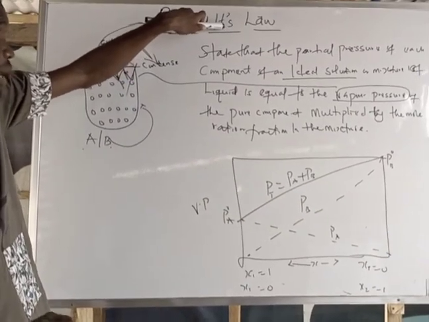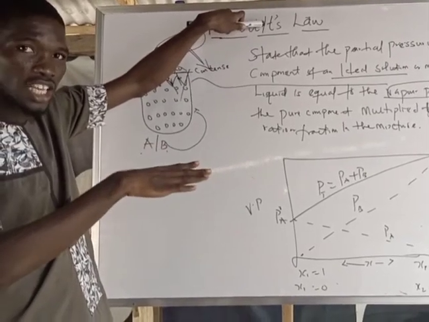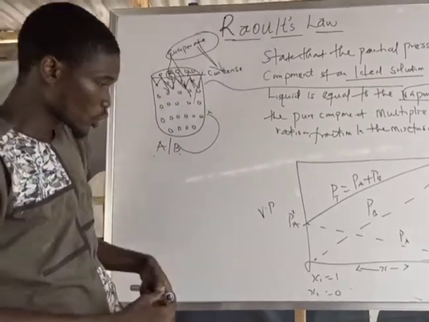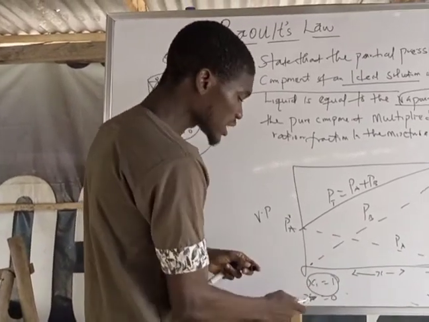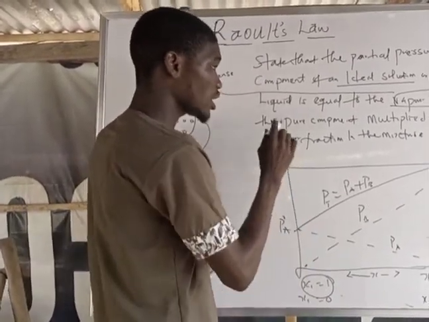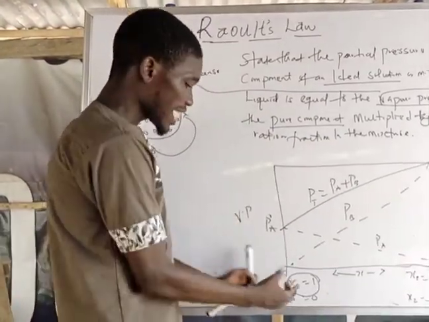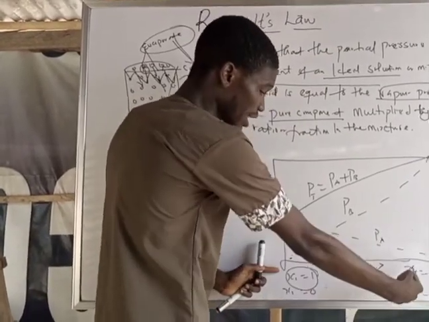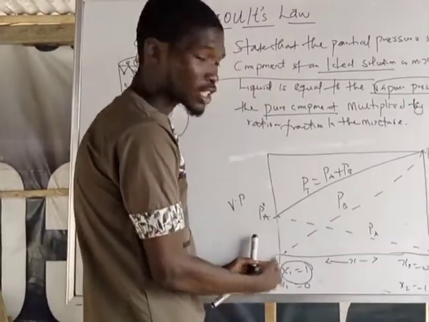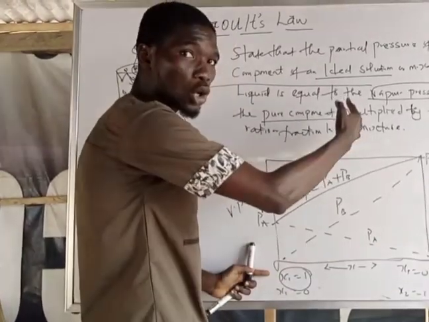One thing you should know is that Raoult's law itself talks more about colligative properties. Looking at this x1 here, the components x1 and x2 are the pure components I have here. At this extreme end, I have my x-axis, while this place is my y-axis, which is the vapor pressure, and here is my pure component.